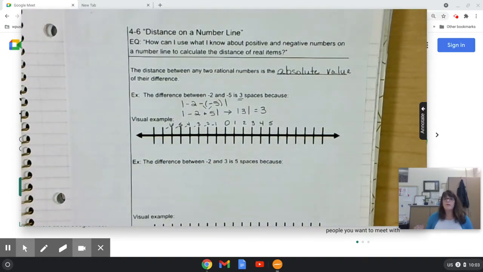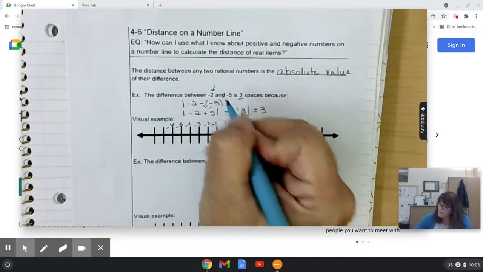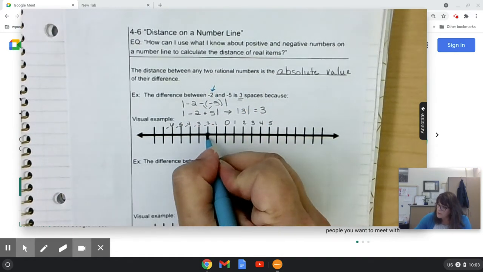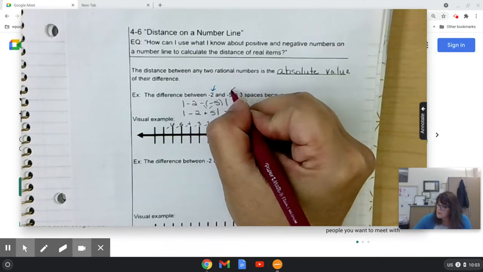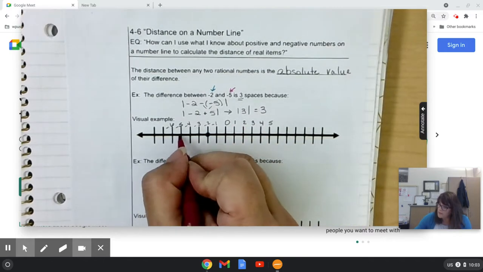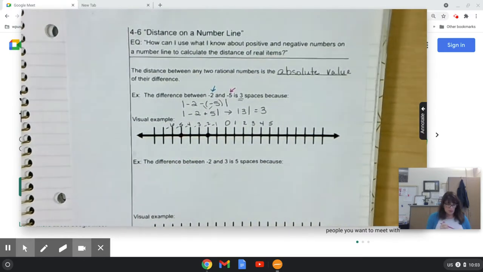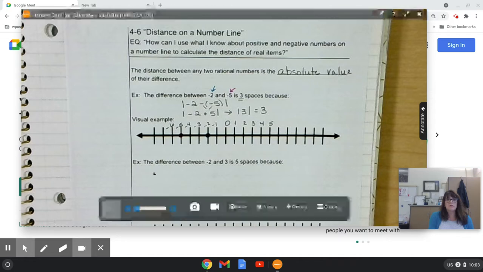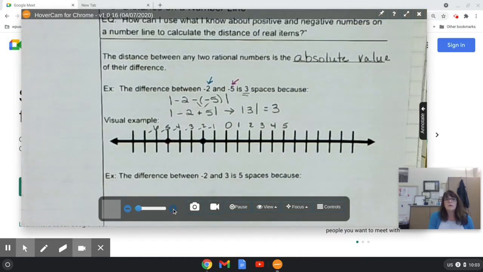So we're looking for -2 and -5. The distance between those two numbers that I put onto, I'll zoom this in a little bit for us. There we go. Okay.